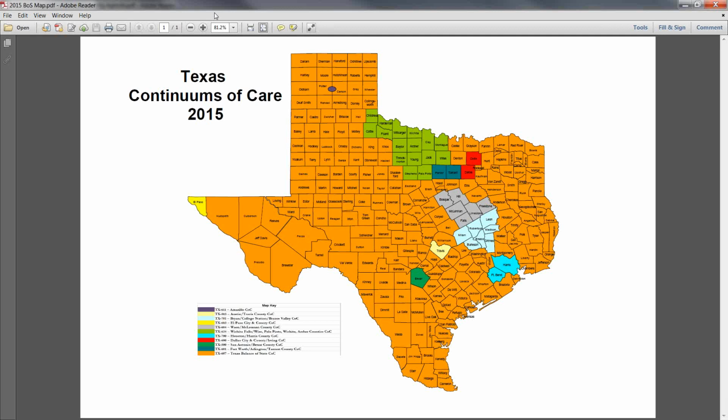That term is primarily used to talk about HUD Continuum of Care funding, but it could also be applied to state Emergency Solutions Grant funding and other funding sources. So the reason for starting the Texas Balance of State was to offer support and an opportunity for that funding. It started out in 2005.